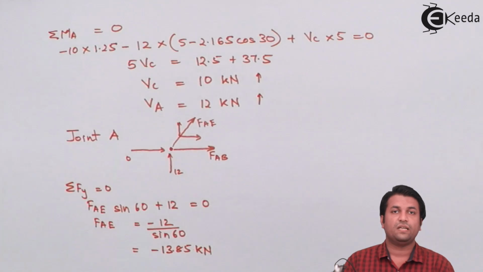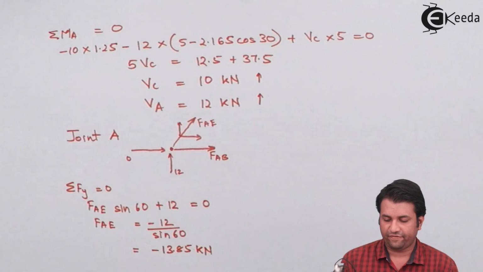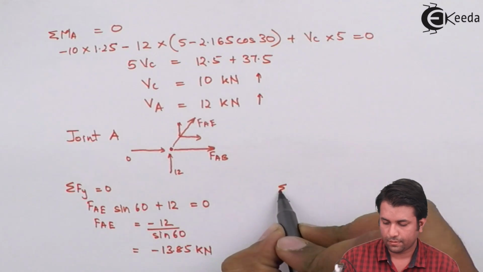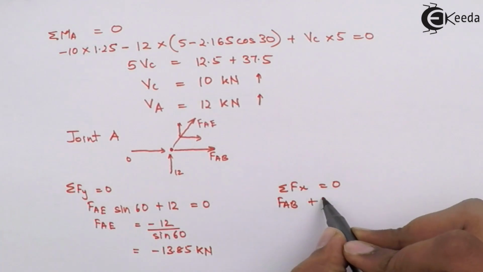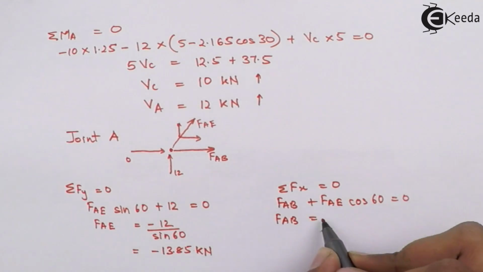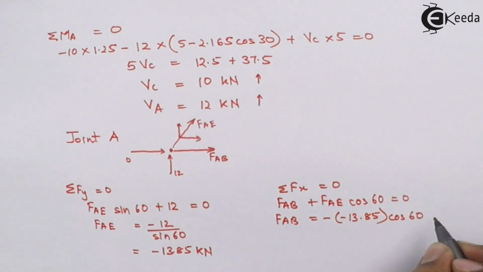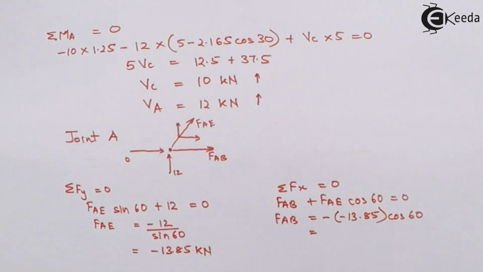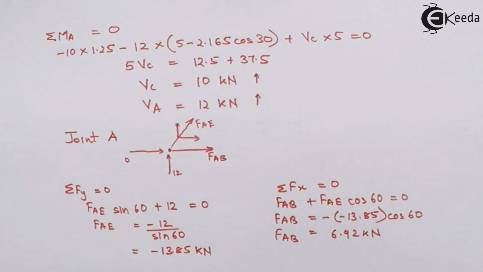And since it is negative, the nature of the force in member AE will be compressive. I got the force in the member AB as 6.92 kilonewtons and that is a tensile force.